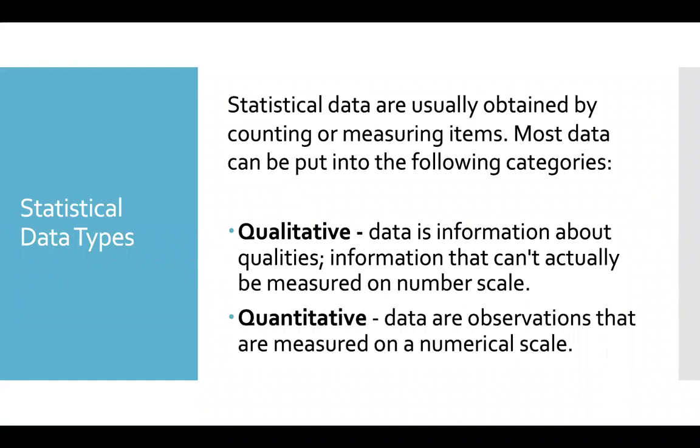You do not want to take the average of these. Because 1 represents red and 2 represents white, it is still qualitative data. It may look like it is quantitative, but it is not, right?